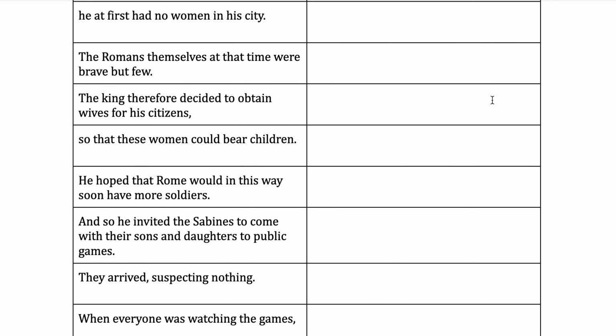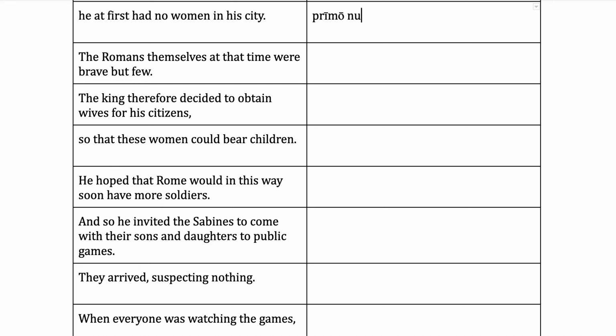And then in the next phrase, he at first had no women in his city. Okay, so in Latin, we don't need to translate he, because that's just contained usually in the verb. So we would go to at first, which in Latin is primo. And then the verb we normally put at the end. So the next thing would be to translate the object, which is no women.